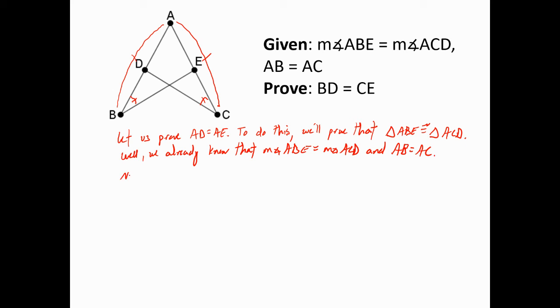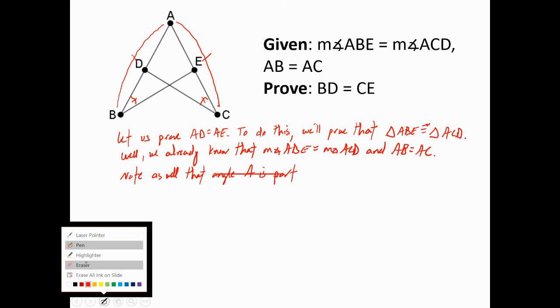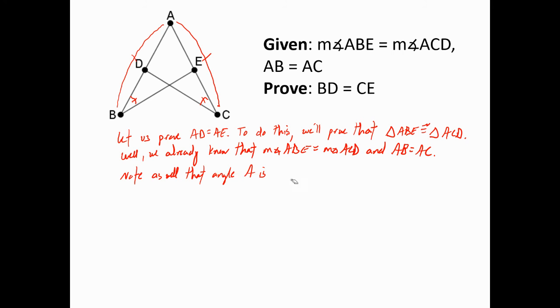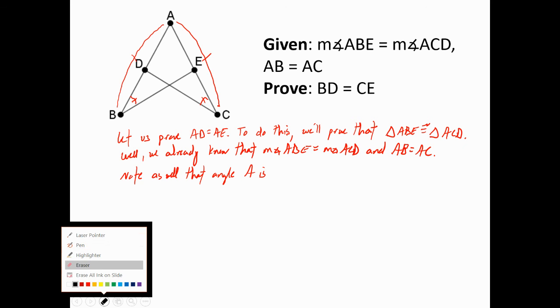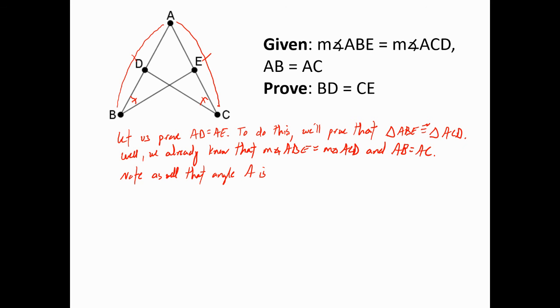And then note this as well, and perhaps you've noted as well, that angle A is part of both. And the way that we've noted this in our column style proofs is to say that AB is equal to AB. So this is logically equivalent to that. But I'll say it just like this, okay?